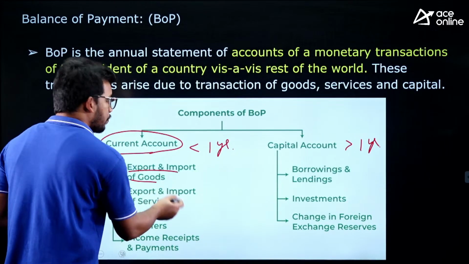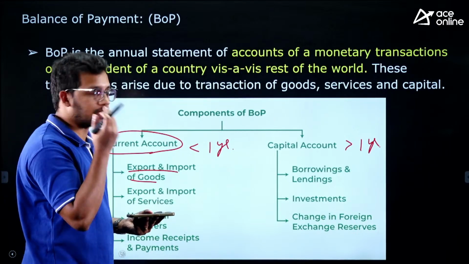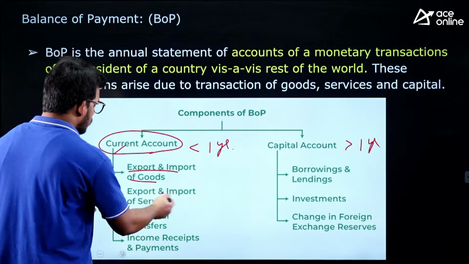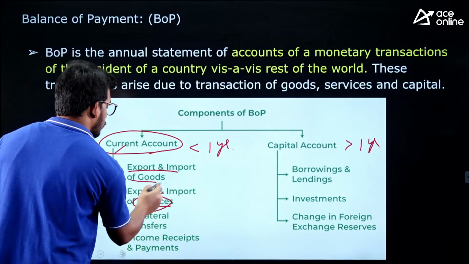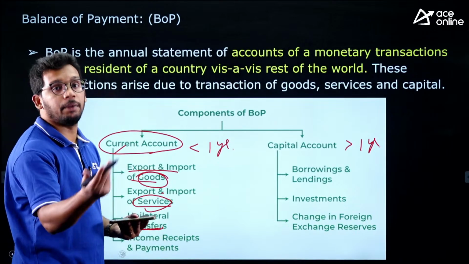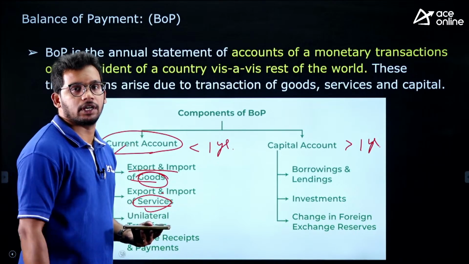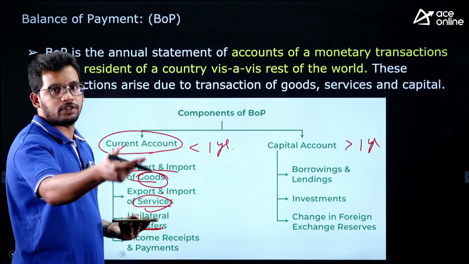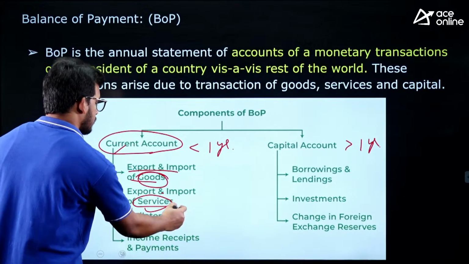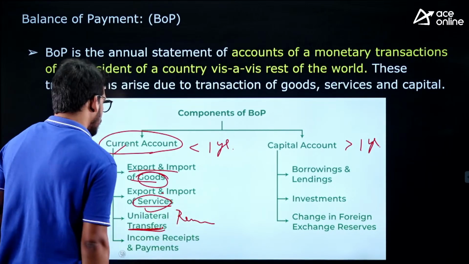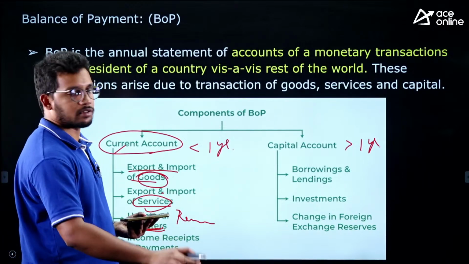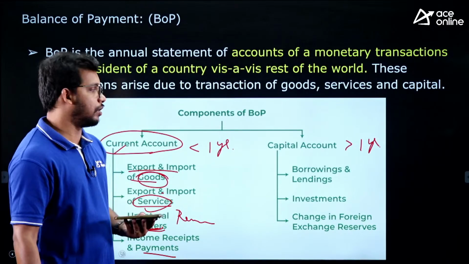Imports and exports of goods and services are calculated for less than 1 year, so they are part of the current account. Unilateral transfers mean remittances, for example when a person has gone to another country and sends money to his family. Income receipts and payments, such as the government receiving interest payments on loans.